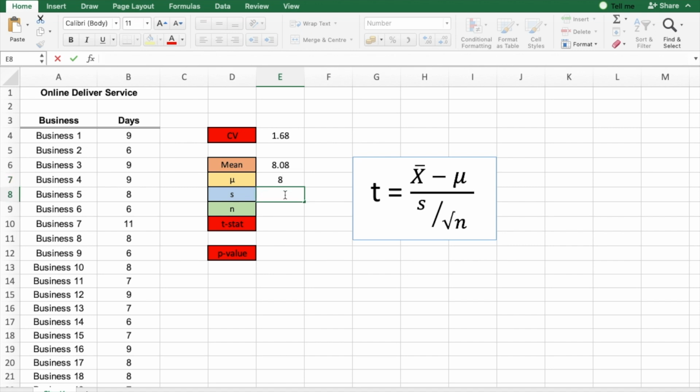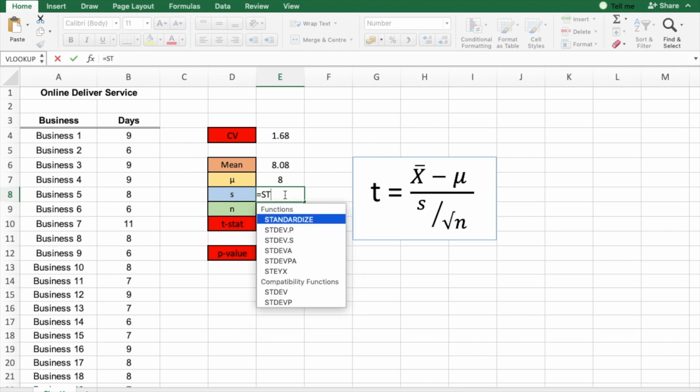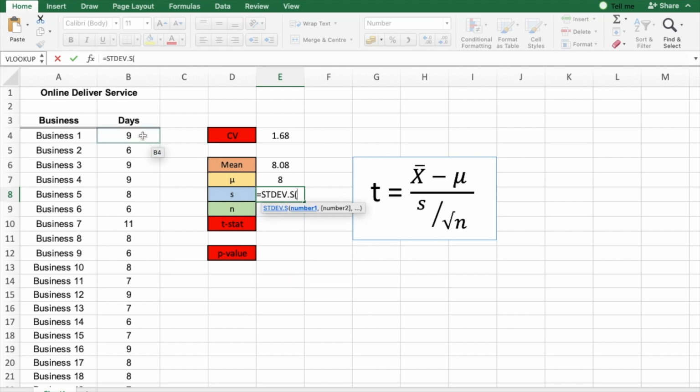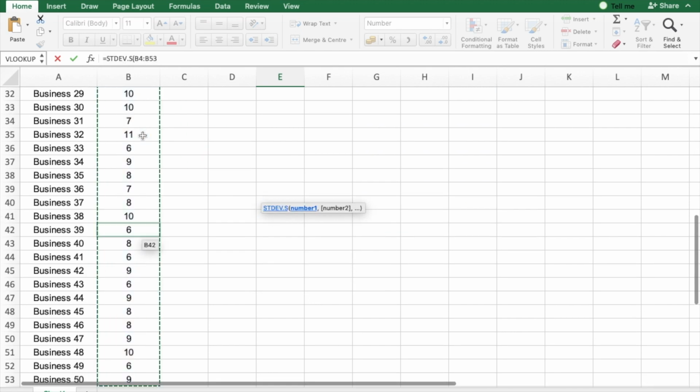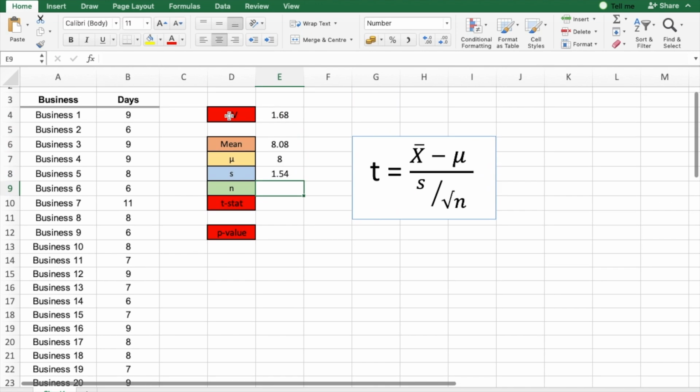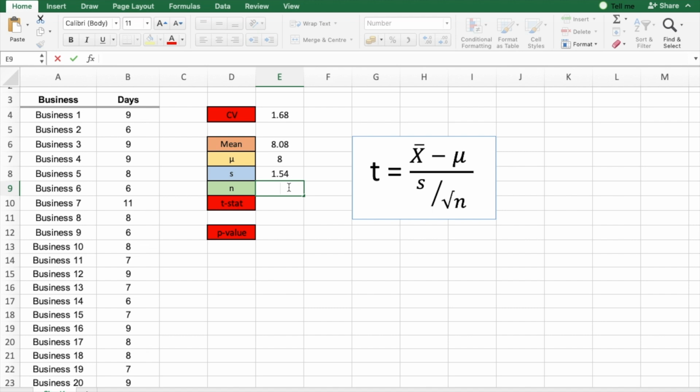Now we want to calculate the sample standard deviation. Again, we insert the formula, equal sign, STDEV.S. So it's 1.54. And we know the sample size was 50. Now you can see we have all these values already.